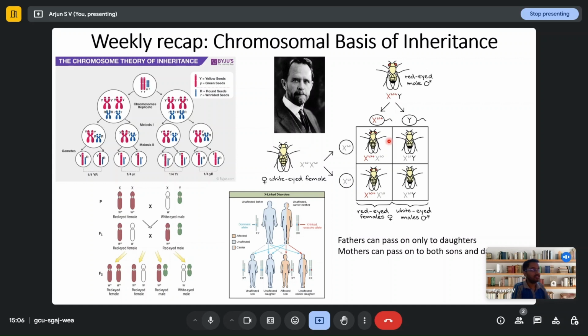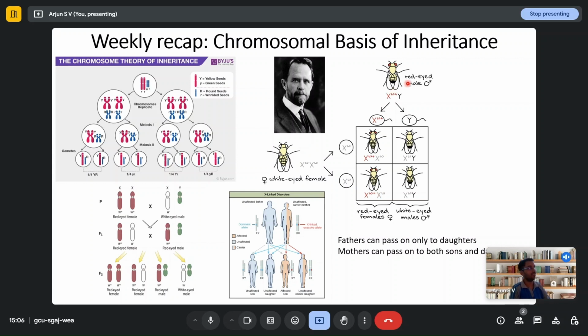And we can see through Morgan's experiments that only either the X chromosome or the Y chromosome, in most of the cases, carries the genes for certain kinds of traits.